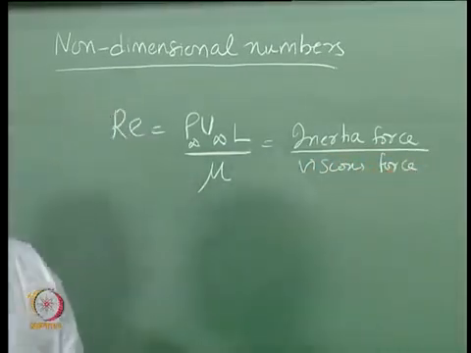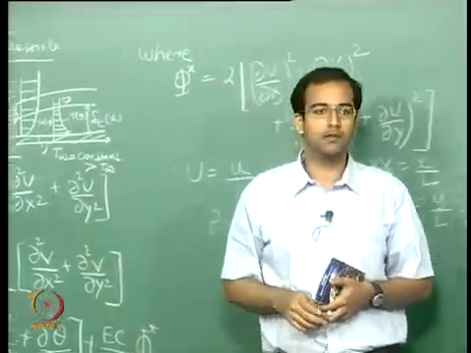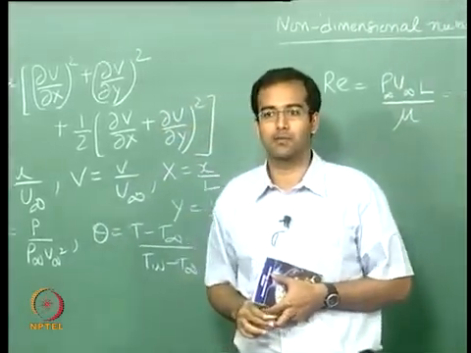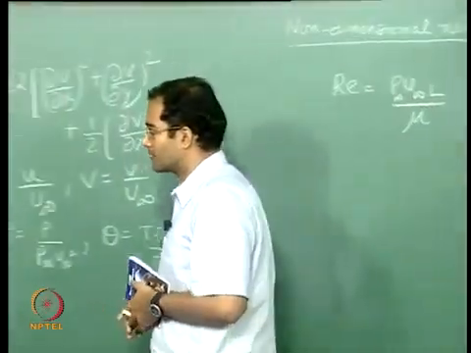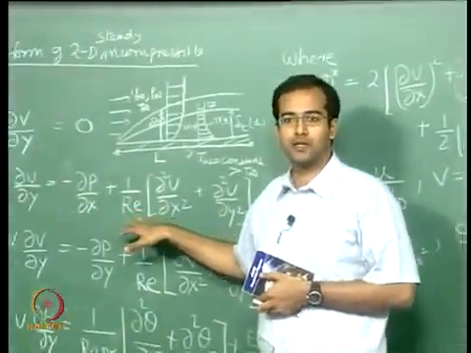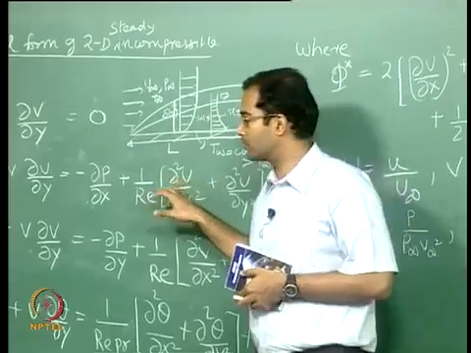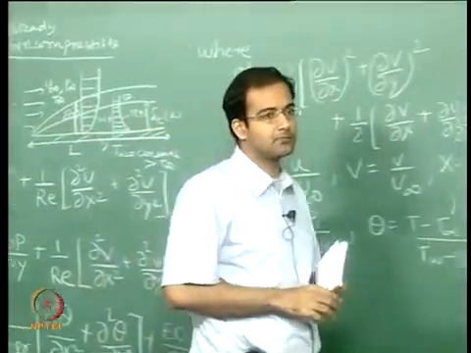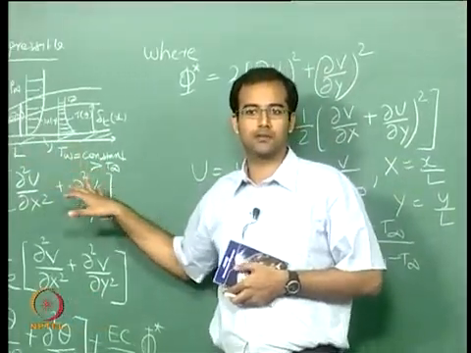If you look at the non-dimensional form of the momentum equation, how can you use the Reynolds number to classify the flows, for example? If your Reynolds number is very small, then this term is dominant over the other term. So you can neglect, for example, the inertia compared to the diffusion terms right here.